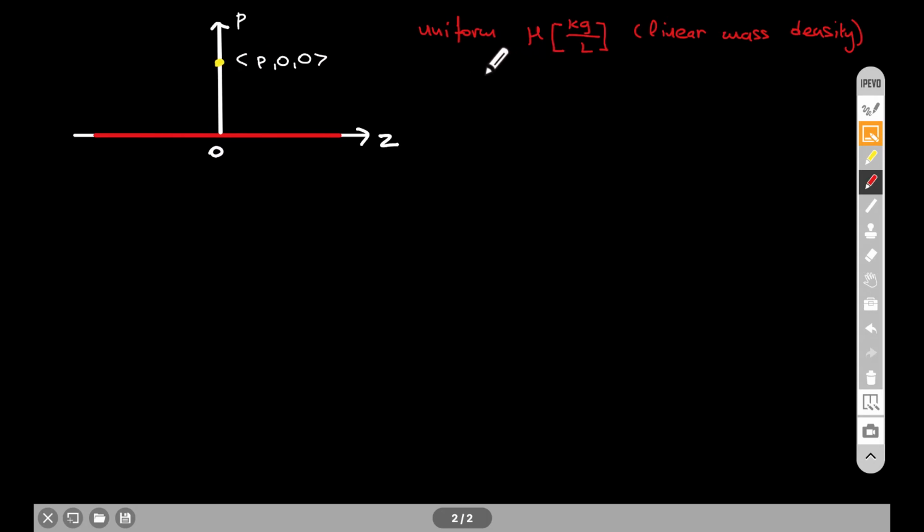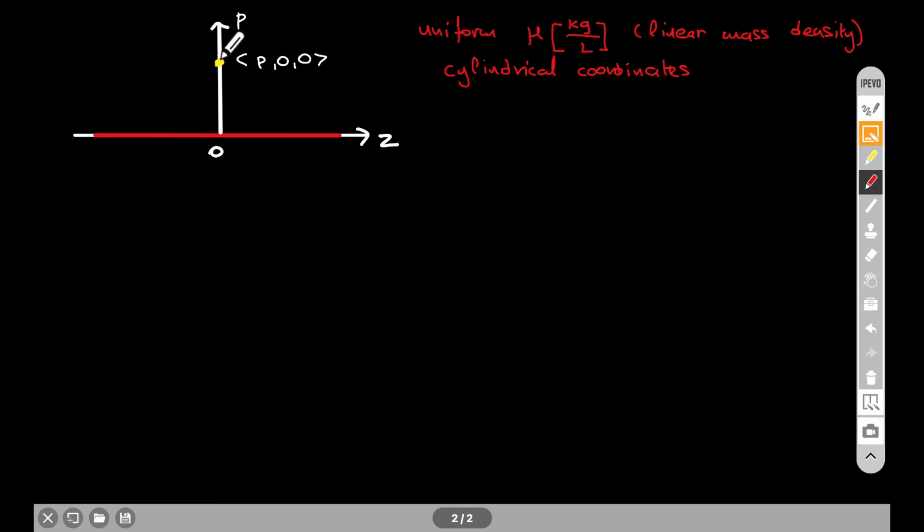Now, I am using cylindrical coordinates right now. The reason why I'm going with cylindrical coordinates is because the rod is lying on the z-axis, so it is important for me to keep the z-axis. That means I have two choices, Cartesian and cylindrical, because both of them include the z-axis.